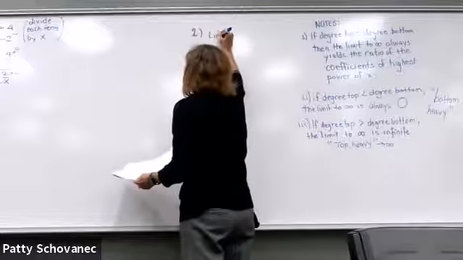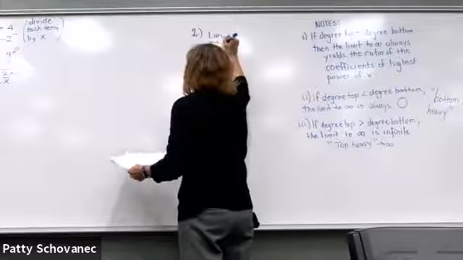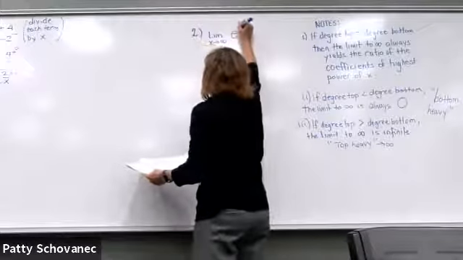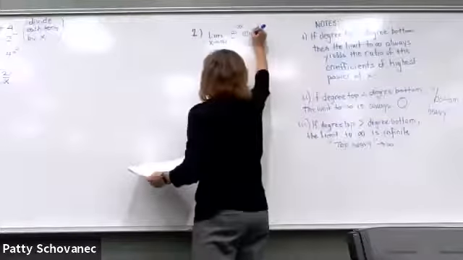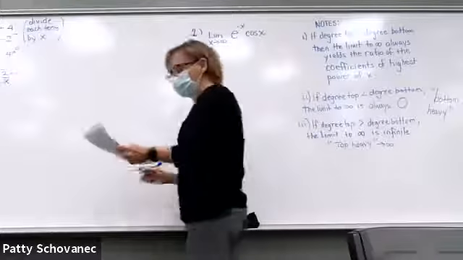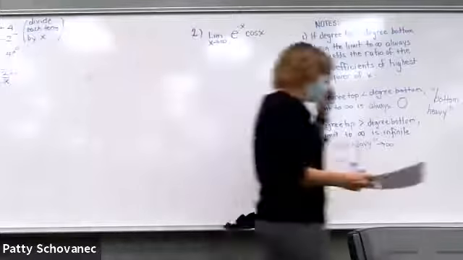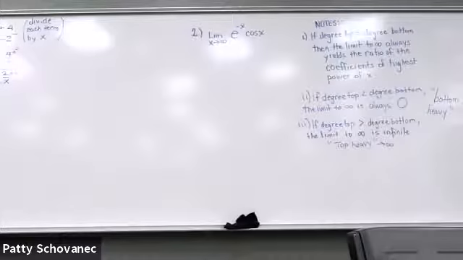The limit as x goes to infinity of e to the negative x times the cosine of x. So we don't even have a fraction, but the fact that we have an e to the negative x means we can make that a fraction. I can write that as the cosine of x over e to the x.